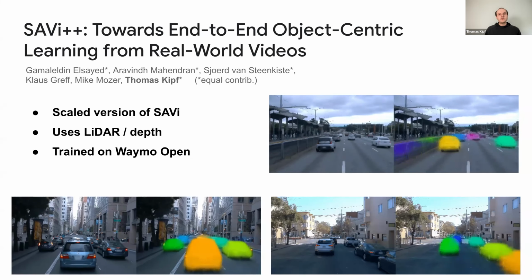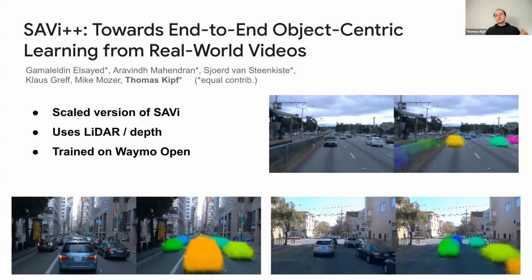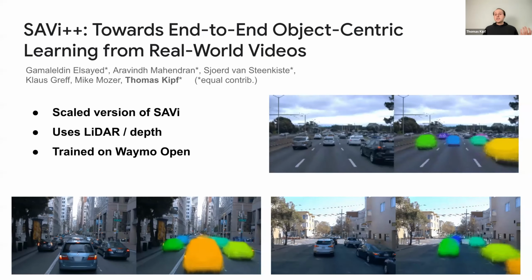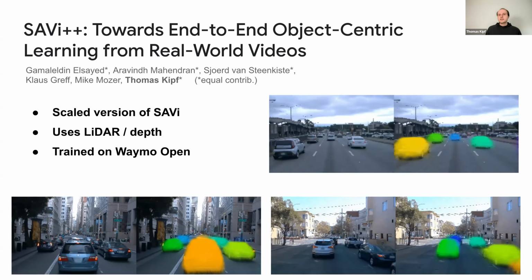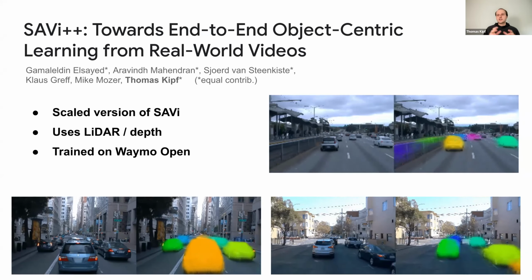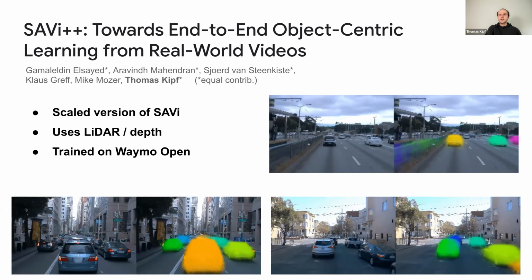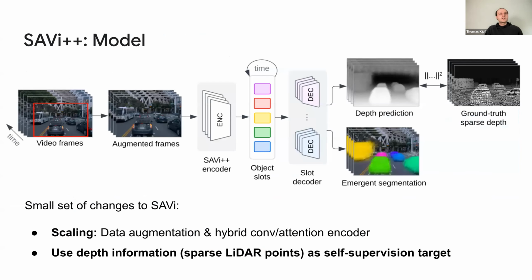What we found is that with just a few scaling tricks and using LiDAR and depth as a training signal, we can train these models on datasets as complex as Waymo Open and get some interesting object decompositions and tracking. And so the model here is relatively straightforward.